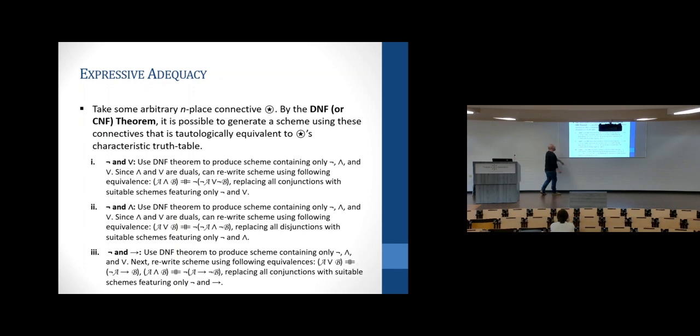Finally, we could do it all with a conditional. We use DNF to get everything down to just the three. And then we use these two schemes to replace conjunctions and disjunctions. And then we touch down. We only have negations and conditionals. So that's kind of neat.